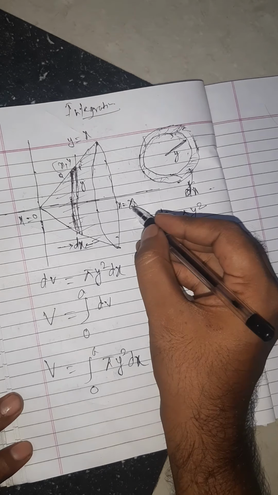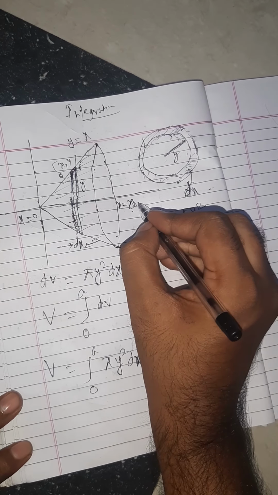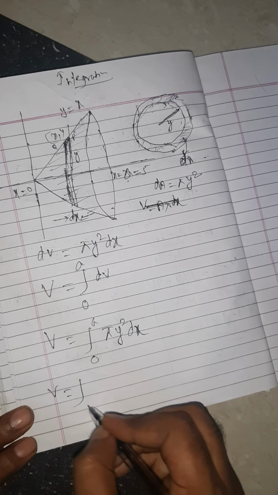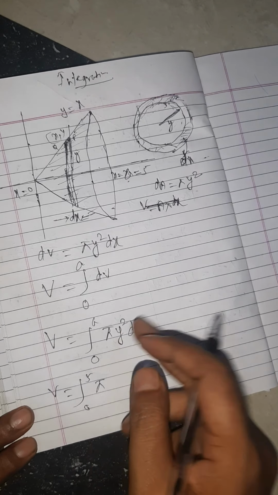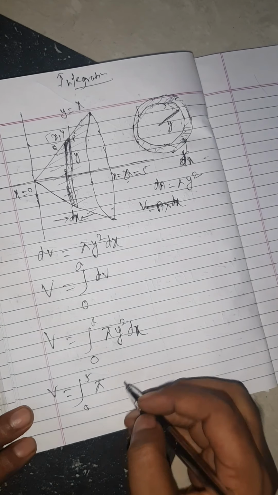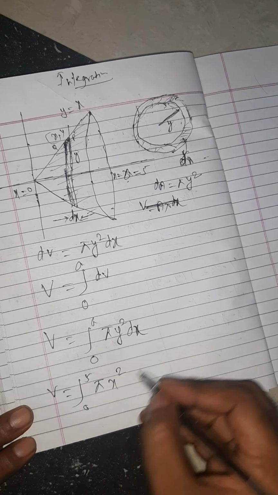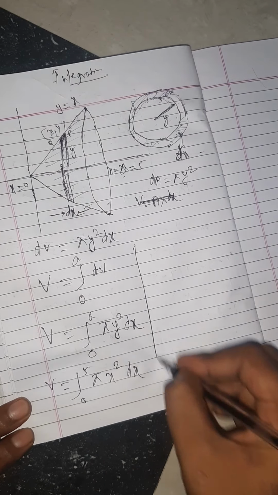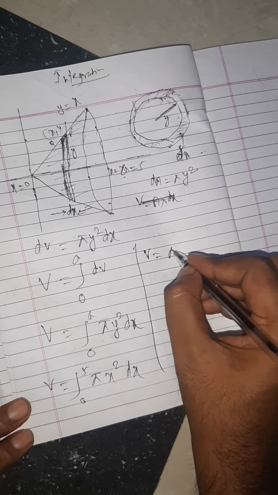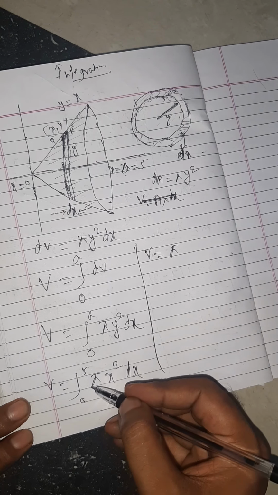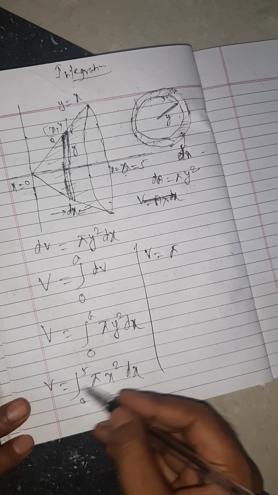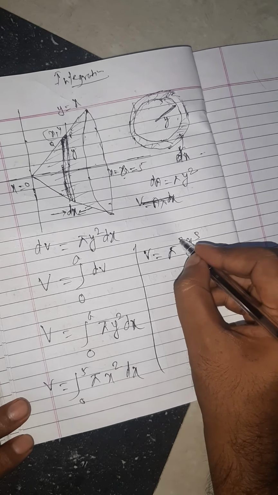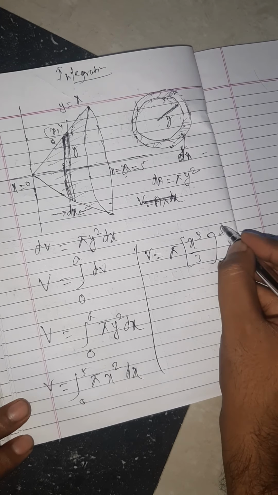Suppose now I am taking a is equal to 5. If I want to solve this problem, it will be the integral from 0 to 5 of pi y square dx. We know that y is equal to x. I will write everything in terms of x because I am going to integrate with respect to x, and you will see that it's going to be pi times the integration of x square. Pi is a numerical value, so you just keep it outside, and the integration of x square is x cube by 3, with limits 0 to 5.